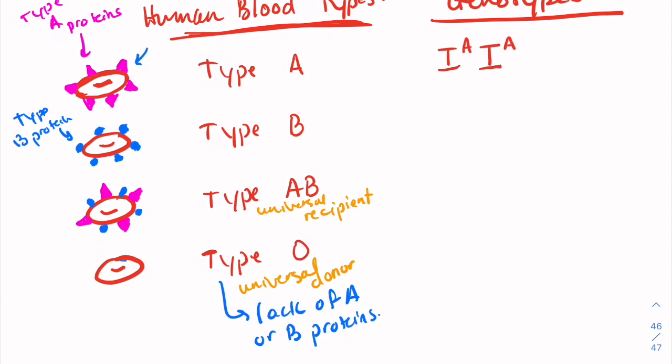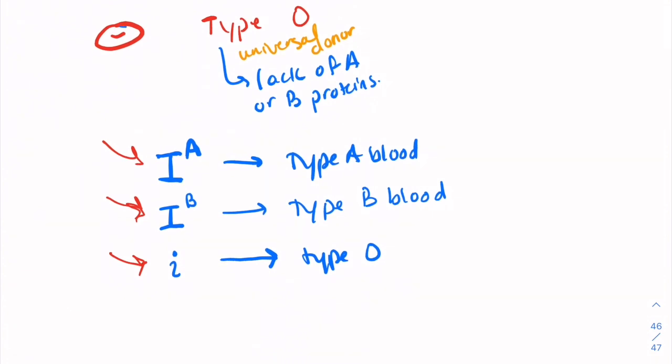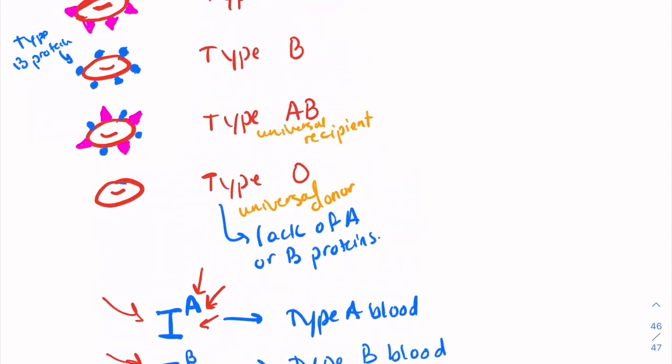But are there any other combinations of these 3 that will lead to type A blood? Could a person, for example, have this and one of those and be type A? No, doesn't work. We already determined you can have 2 of these, but what about one of these here and one of these? And the answer is yes.